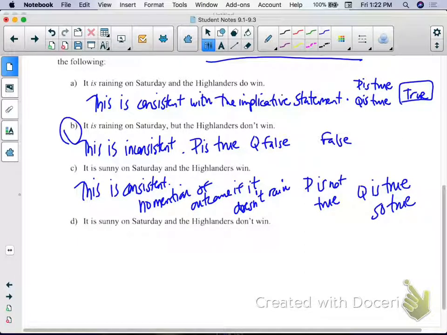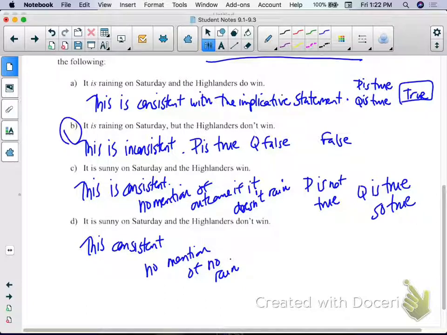And really the same kind of thing on the last one. If it is sunny on Saturday and the Highlanders don't win, well, this is also considered consistent because we don't know what was going to happen if it was sunny. Same explanation, no mention of no rain.